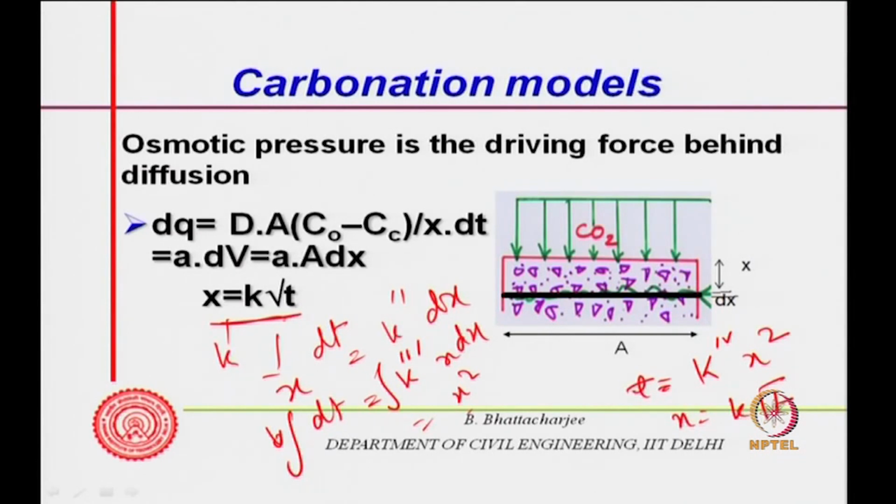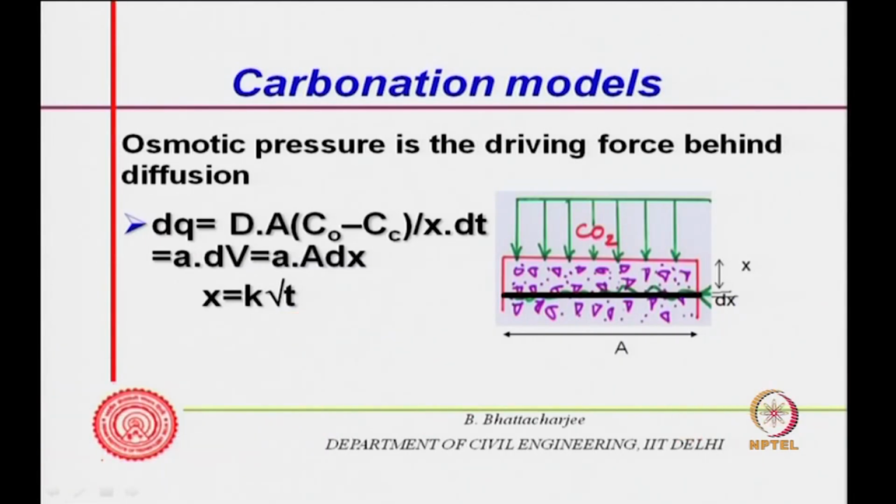Now, this is a very simple model, absolutely simplistic, assuming the properties are all uniform after even carbonation, and it does not consider many factors. But one thing that comes out from this expression is that x is proportional to root t. That is what comes out from this kind of a model, all right.